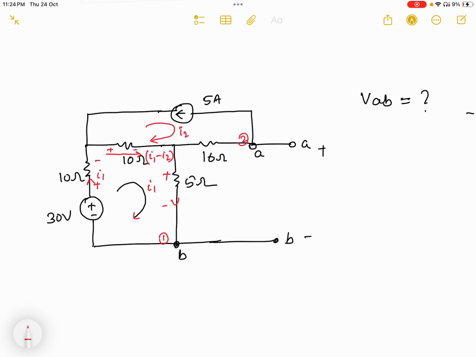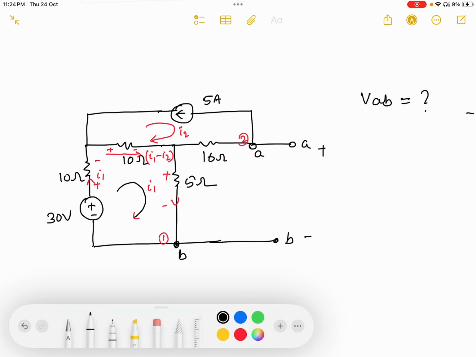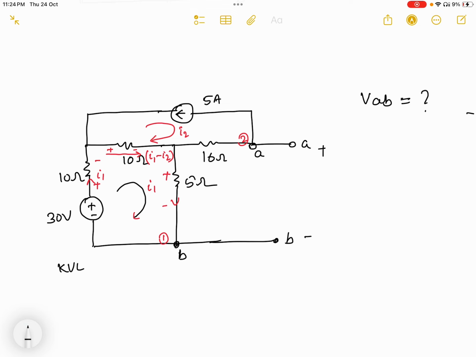By applying KVL, I can write minus 2 plus 30 volt minus 10 into I1, then minus 10 into I1 minus I2, then minus 5 I1 equal to 0.